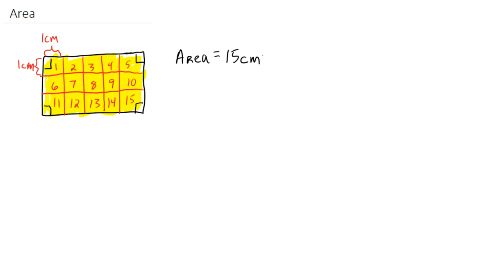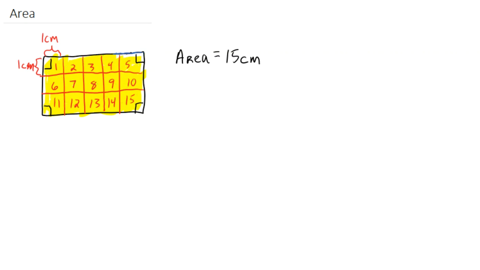But when we're trying to figure out area, we don't want to actually have to tile it to figure it out. So we can use the power of multiplication here, because if I have 3 rows and each one of them, alright, my highlighting's not working, it's all coming out to be the same color, so I'll do this. I have this row, and I have this row, and I have this row. Each one of those are 5 tiles.